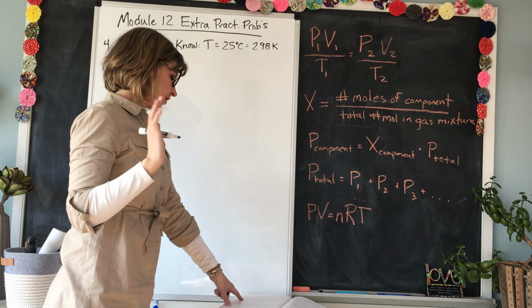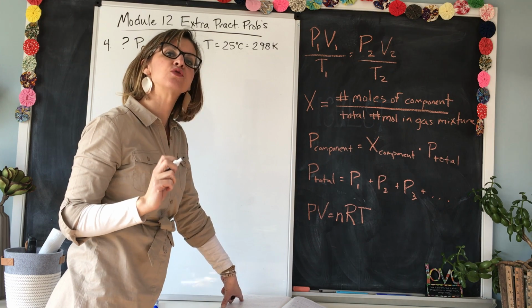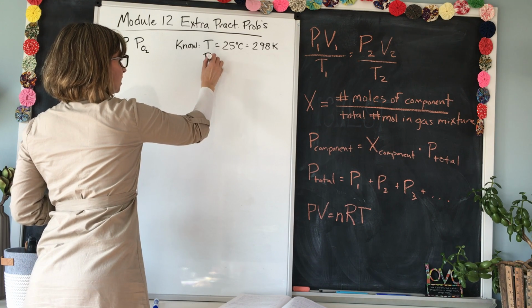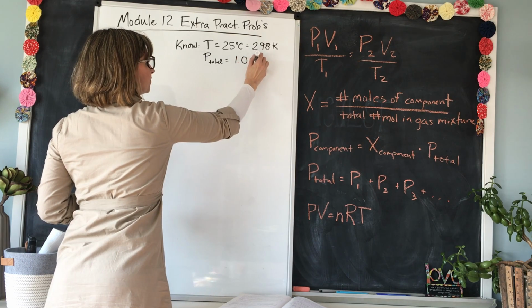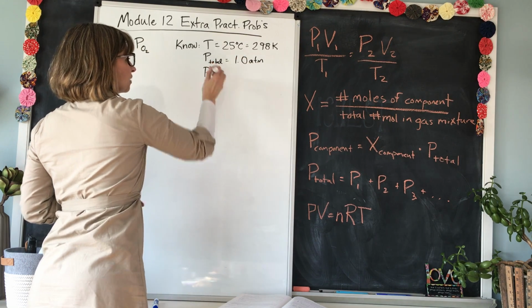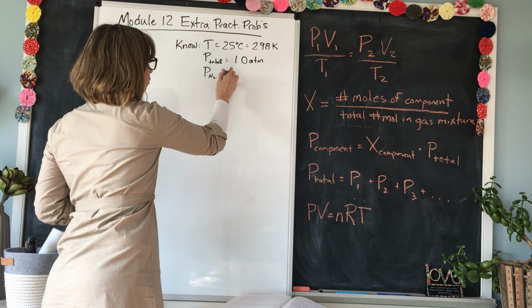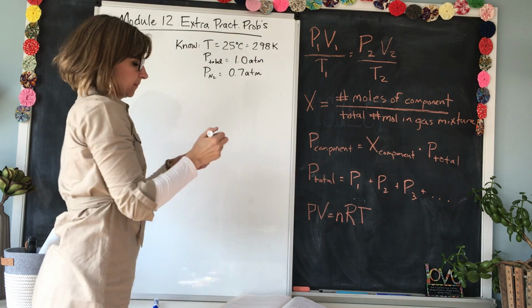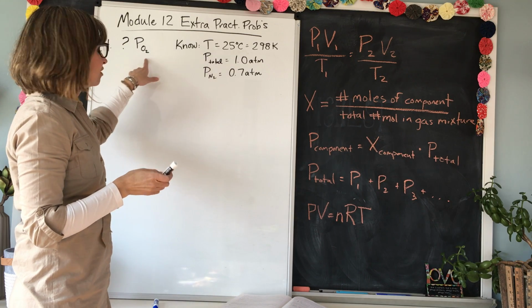And we know that the total pressure of the nitrogen and oxygen gas is 1.0 atmospheres. So we're going to write P total equals 1.0 atmospheres. And we know that the partial pressure of nitrogen, N2, is 0.7 atmospheres.